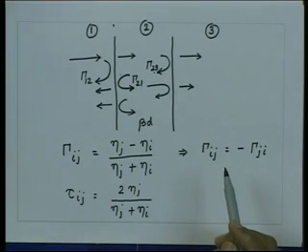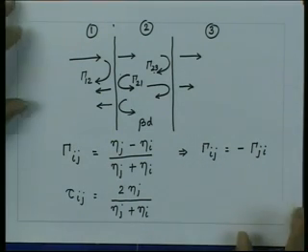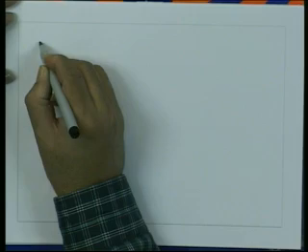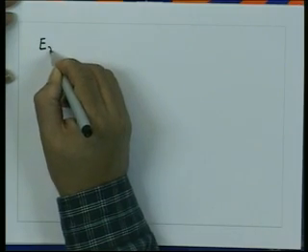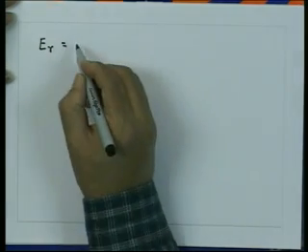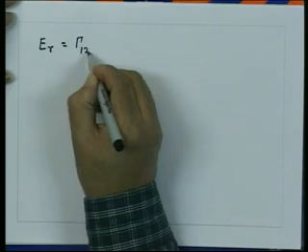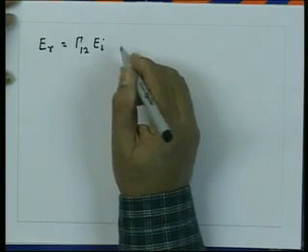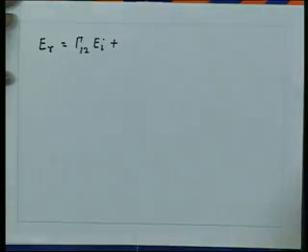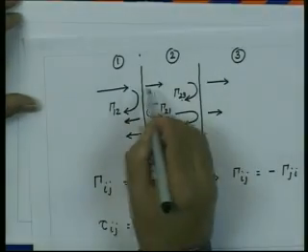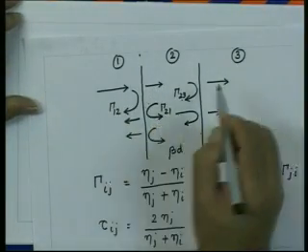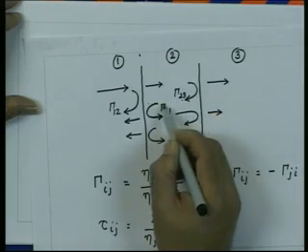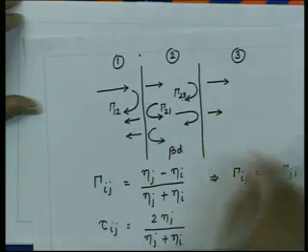So, if I write down now the total reflected field which is going to come from here, that would correspond to your E reflected, that is equal to gamma 1 2 E incident plus tau 1 2, then gamma 2 3 and tau 2 1.